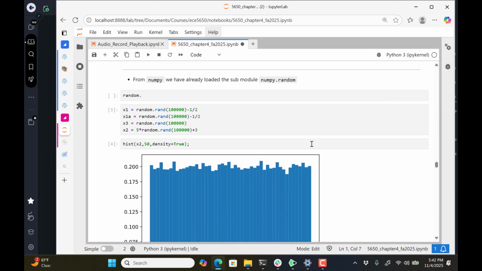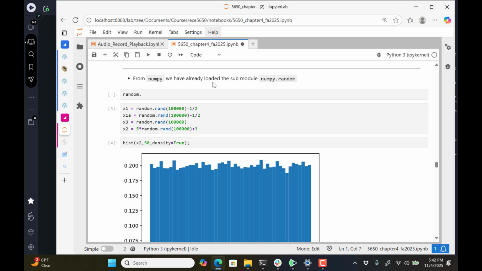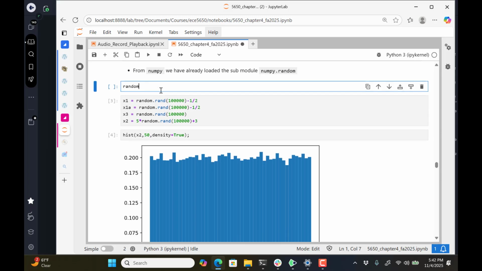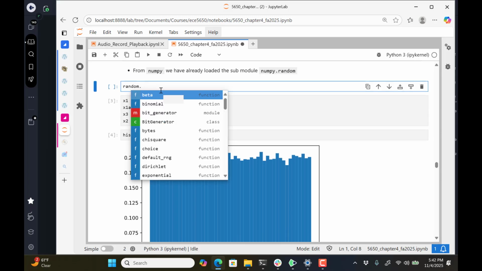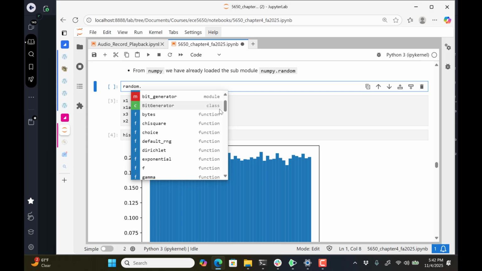When we want to get random quantities, we have to go into a submodule of NumPy, and that is because I've imported all of NumPy, it brings in the submodule named random. So in order to see what random has in it, again, if I just do a dot, I will see the various random number generators.